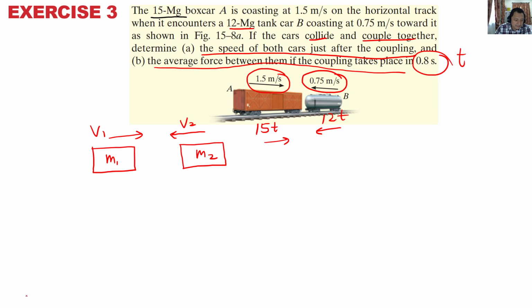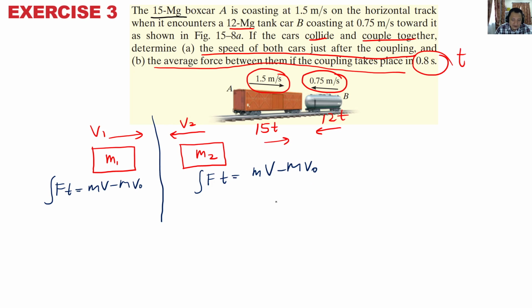So each of them individually is observing the principles of impulse and momentum. So each side, Ft is equal to mv minus mv naught. This one also the same, Ft is equal to mv minus mv naught.